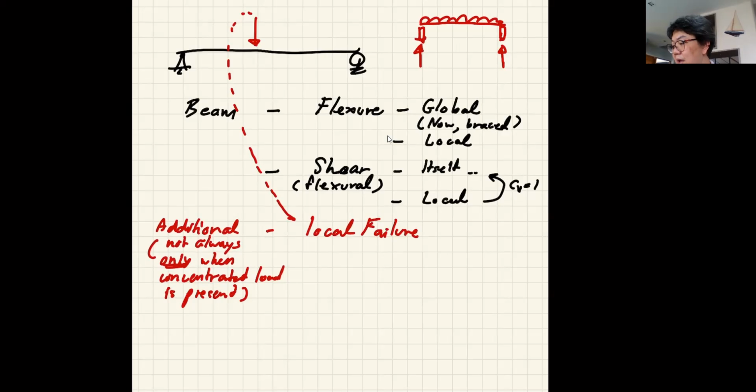Now, if you have the reaction like this, it is considered a concentrated load as well, and local failure also may be applicable on your beam. Okay, so when you have the presence of the concentrated load, you need to perform an extra check. Okay, if you don't have it, you don't need to check it.